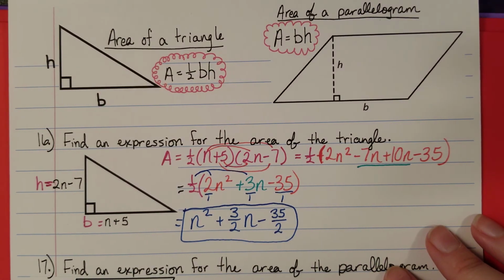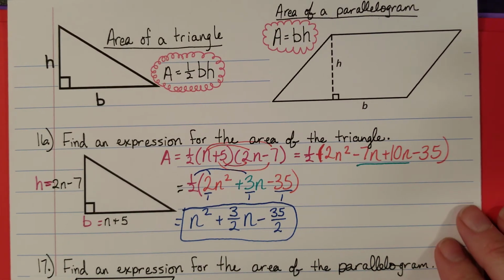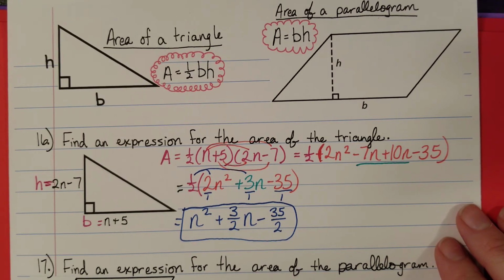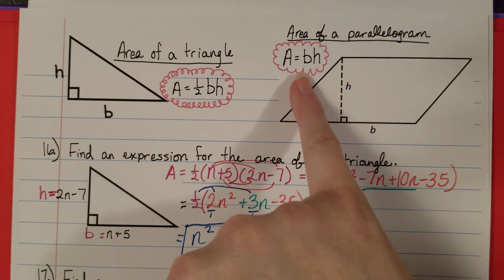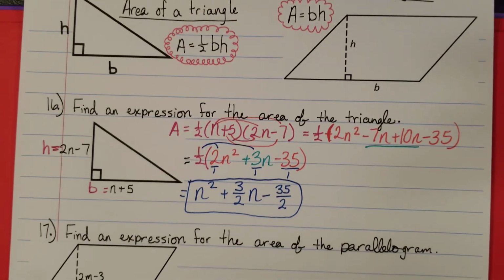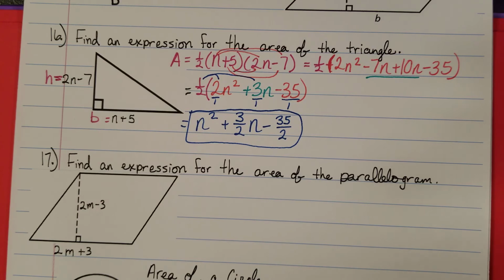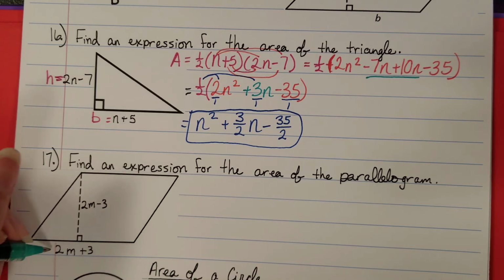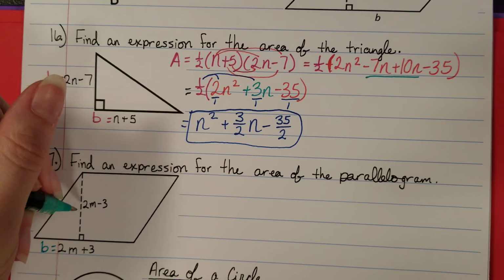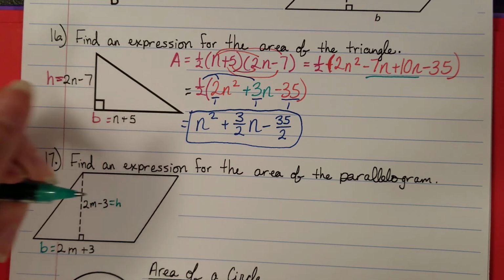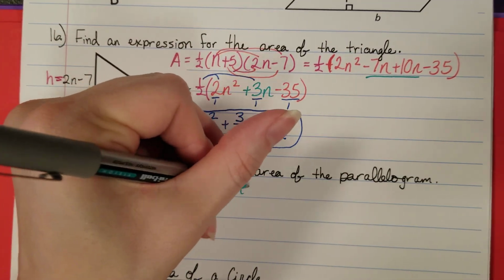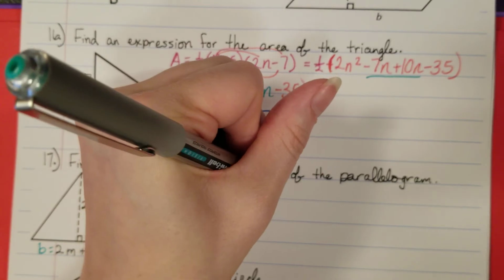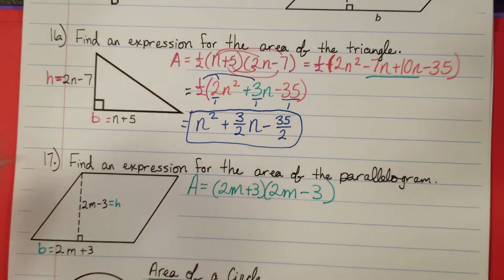All right, and then number 17 says find an expression for the area of the parallelogram. Okay, so here we have the formula. The area of a parallelogram is equal to the base times the height. So on our parallelogram, the base is 2m plus 3, and the height is 2m minus 3. So the area will equal 2m plus 3 times 2m minus 3.